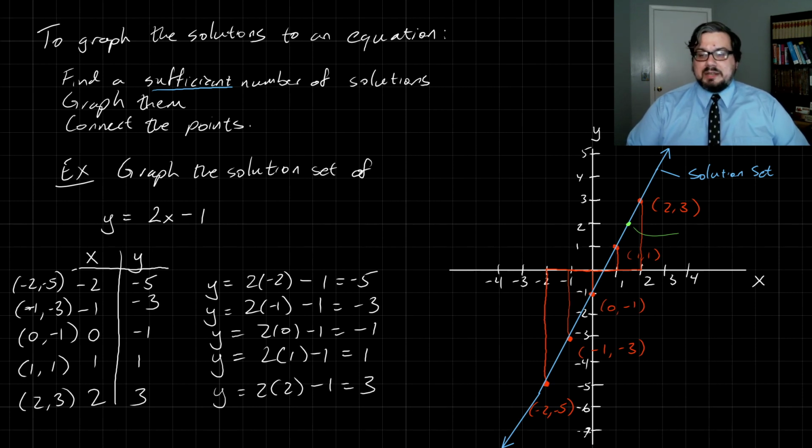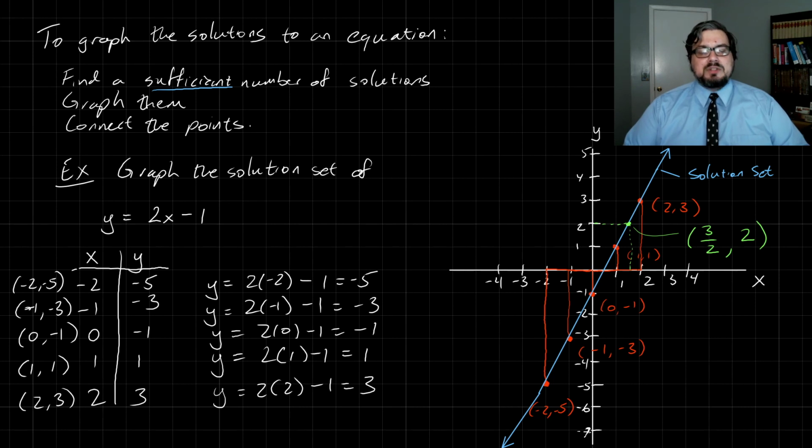This green point here looks to be sitting approximately over 1.5 on the x-axis, which we will write as 3/2, and it's sitting to the right of the number 2 on the vertical axis. So this point has coordinates 3/2, 2. It corresponds to the pair 3/2, 2.